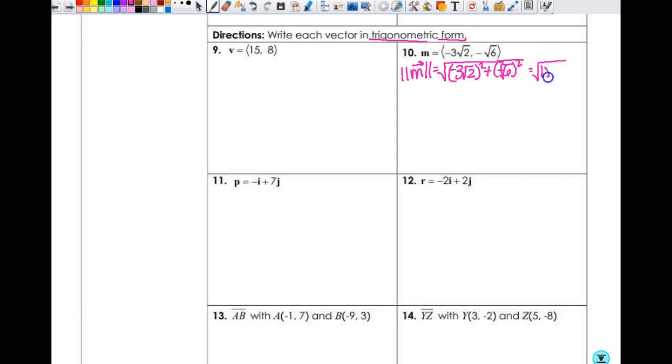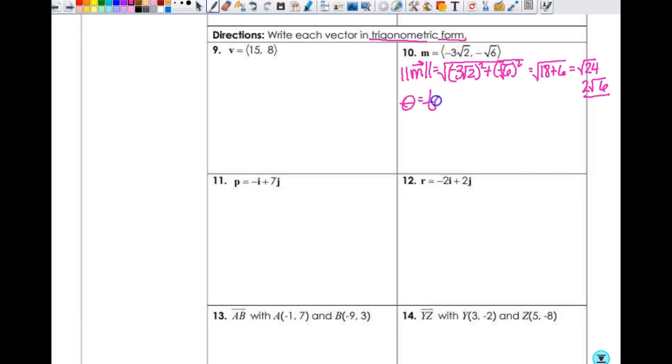So it's 18 plus 6, so it's the square root of 24, 2 square root of 6. That really should be way faster than you trying to type stuff in. So there's your magnitude. So then I need theta, right? And this is totally a non-calculator question. So how do I find theta?